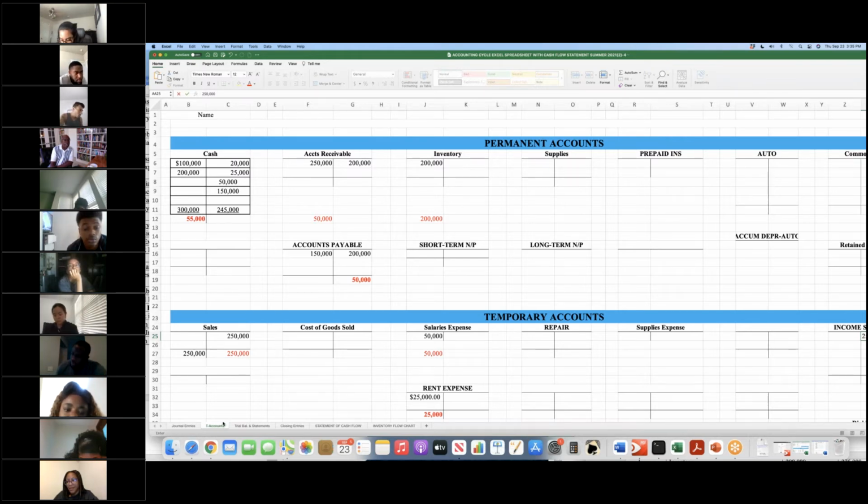We debited sales because we want sales to be 0 for 2021 so we can then record the sales for 2022. It's just like your account with the university. Once you pay it for the fall semester, they close it out because they're going to send you a new statement in January. So once you paid it, it's not needed anymore.